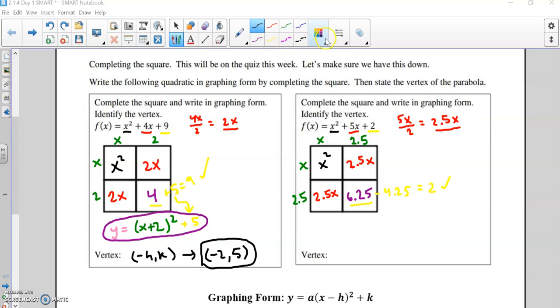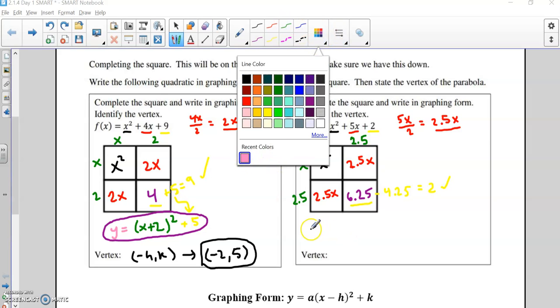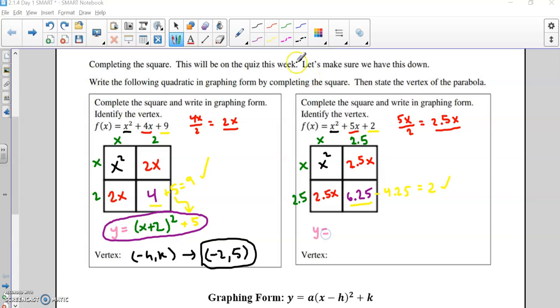So my final equation is going to be y equals x plus 2.5 squared. Pay attention to the color coding that I'm doing here. Minus 4.25. The 4.25 came from here, and the x plus 2.5 came from over here. And that's my entire equation.